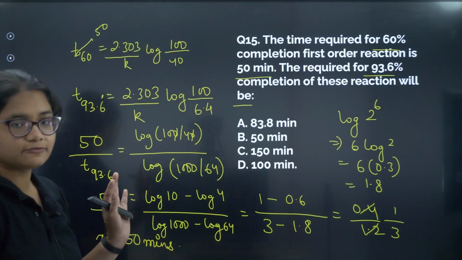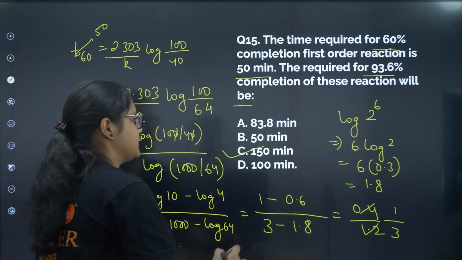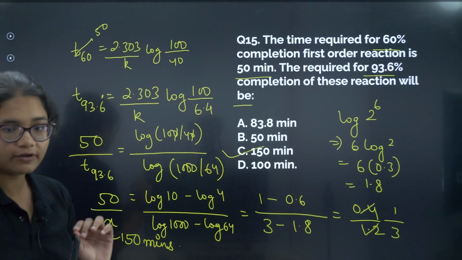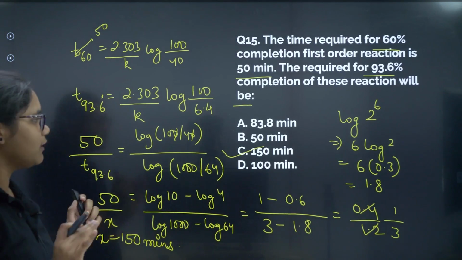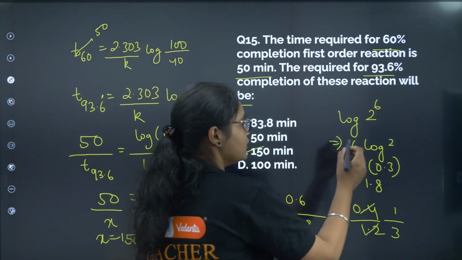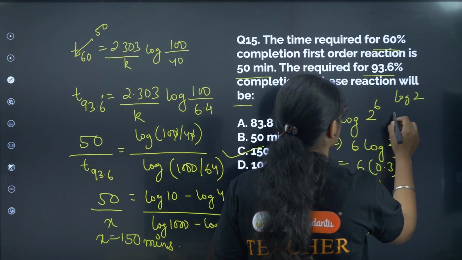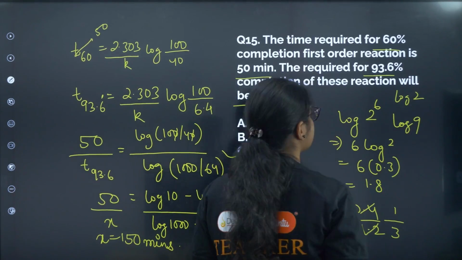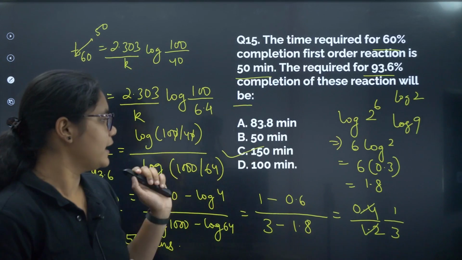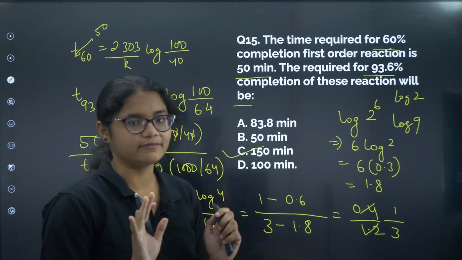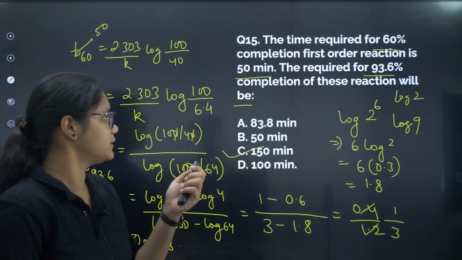So the correct answer for this question is option C. Not a difficult question, but a little calculation is involved. One more tip here: you should remember log 2 to log 9. Keep these values in your mind so that calculations will be faster, especially log 2, 3, 5 and 7. These values you must remember.